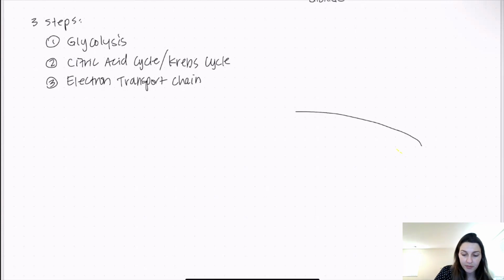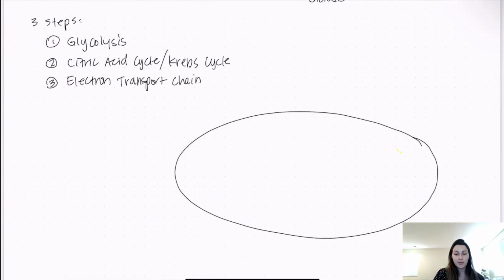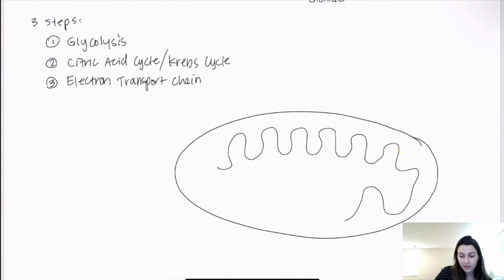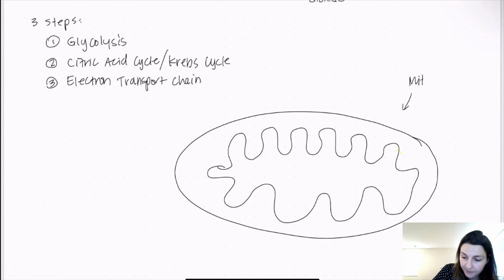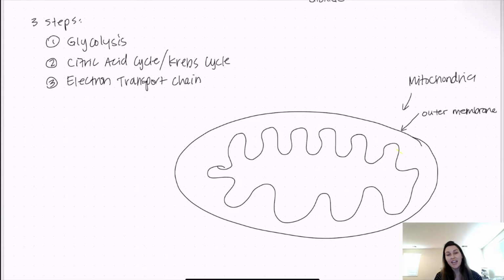So mitochondria kind of looks like a bubble, like this. And within that bubble of the mitochondria, then there's this inner bit that kind of wobbles like this. We have some structures here. This outer part is called the outer membrane, made up of the same stuff that plasma membrane is made of, phospholipid bilayer.